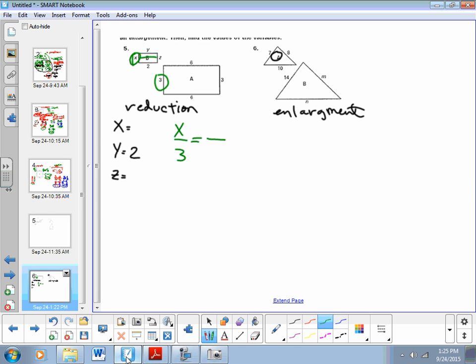What do you notice if I start setting up a z? What side does z correspond to? 3. You notice something in the equation? The 3's are the denominator. What else do you see in there?